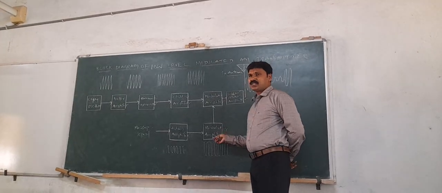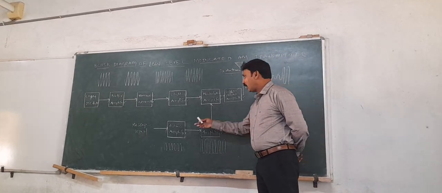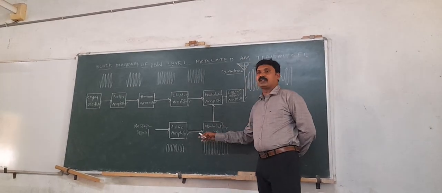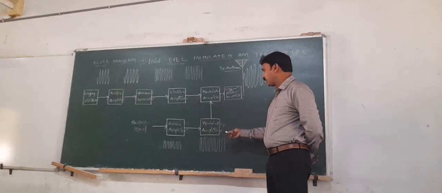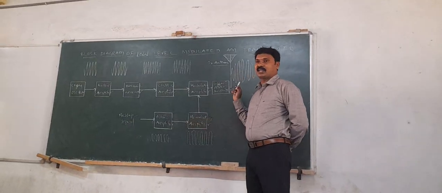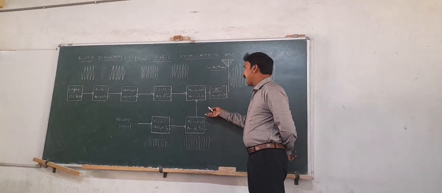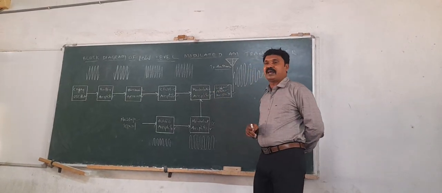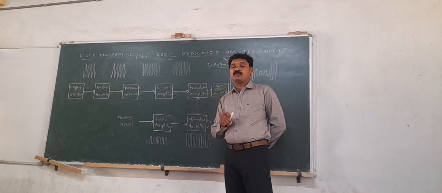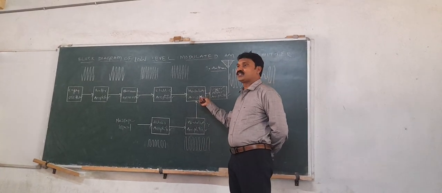Here, we know that the power level of the output of the audio amplifier has to be increased. The power level of the received message signal is increased. This increased power level of the message signal has to be applied to the modulating amplifier, where a class B amplifier is required.